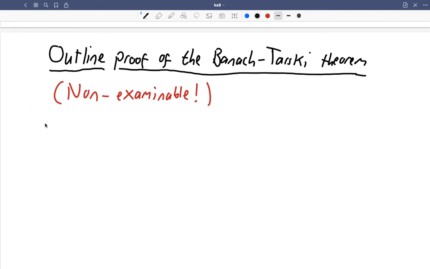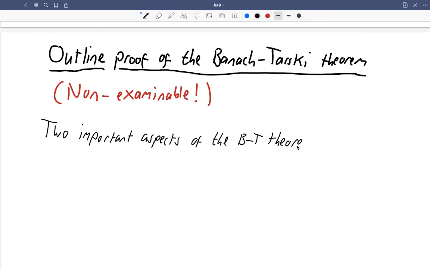So I'm going to identify 2 particular points from the statement of the Banach-Tarski theorem. Two important aspects of the, let's just call it the BT theorem, because I'm going to write this a few times. I don't want to write it out in full every time.